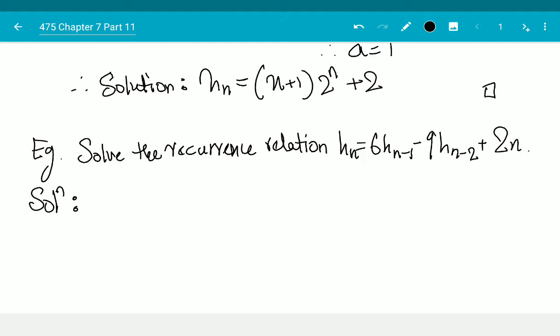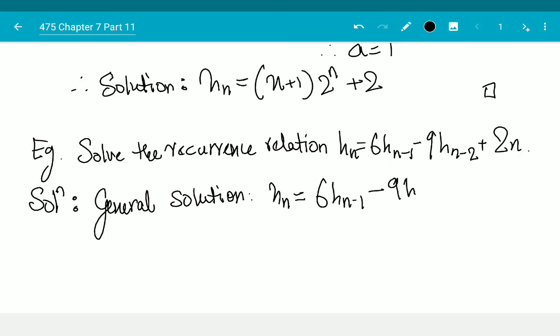So let us first solve for the general solution. h of n is equal to 6 h of n minus 1 minus 9 h of n minus 2. Therefore, q squared minus 6q plus 9 is equal to 0.